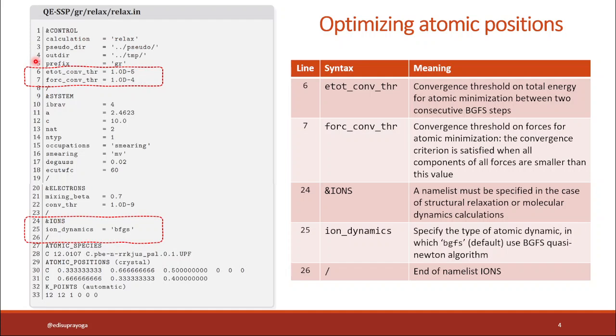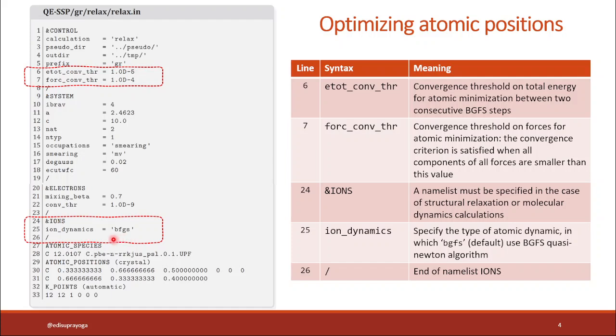The convergence criteria for the change of total energy and the forces are set by setting etot_conv_thr and forc_conv_thr in the namelist control. Then the BFGS algorithm is set in the namelist ions as ion_dynamics equal to bfgs.